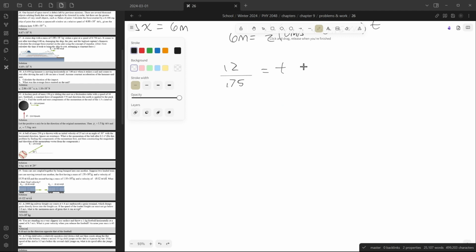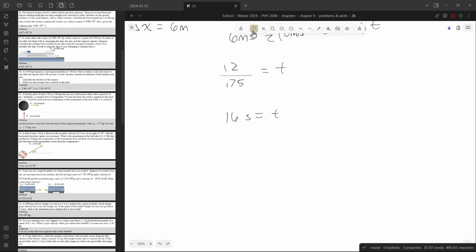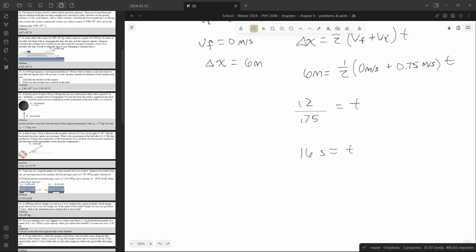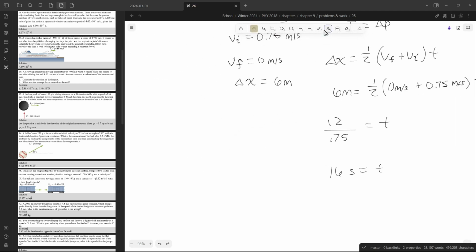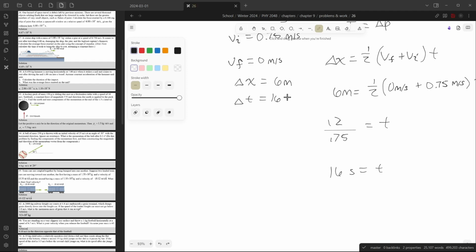So our answer is 16 seconds equals t. And so now we have our delta t, 16 seconds. Let's add that to our knowns. Delta t equals 16 seconds.